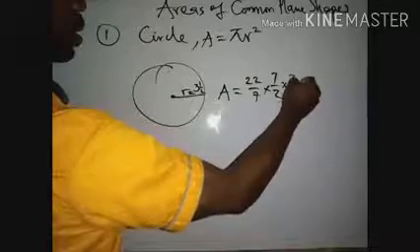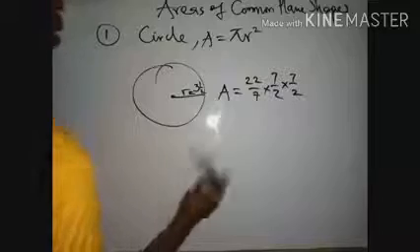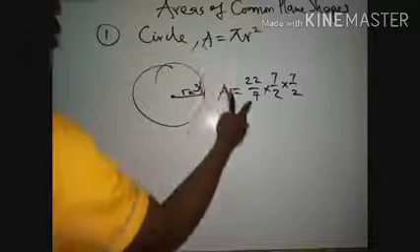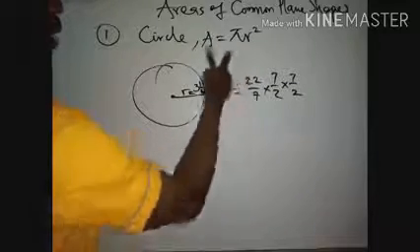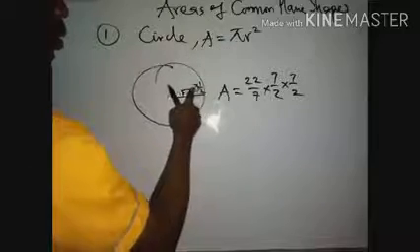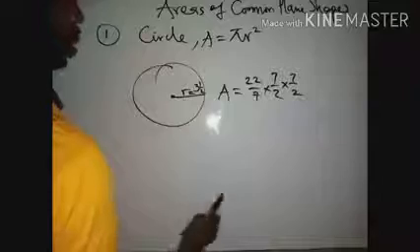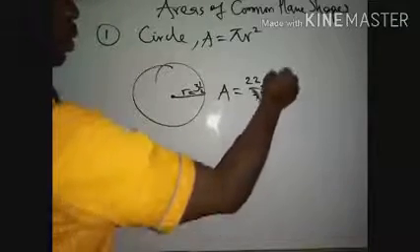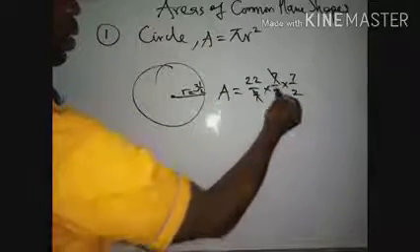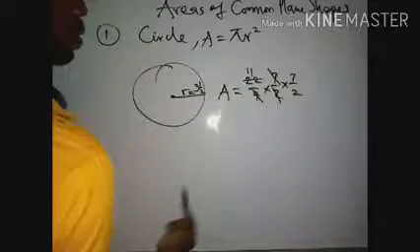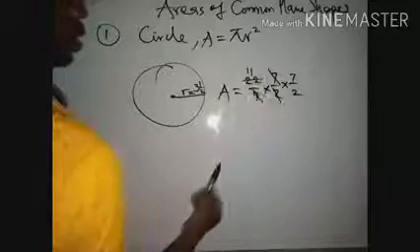So I write it again, pi r square: pi is 22/7, radius is 3.5, that is 7/2. It's just squared, write it 2 times. And you cut to the lowest. This can cut this, you get 11.